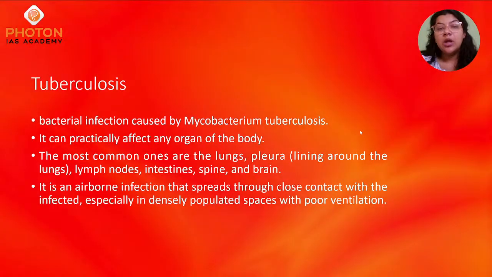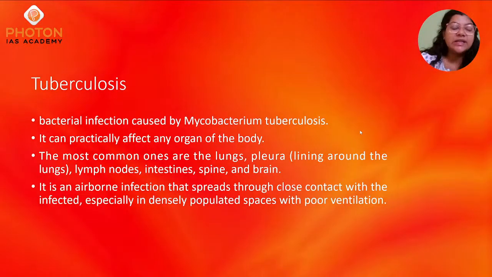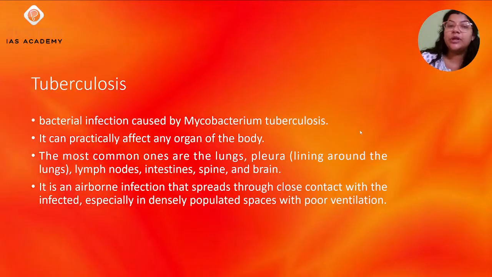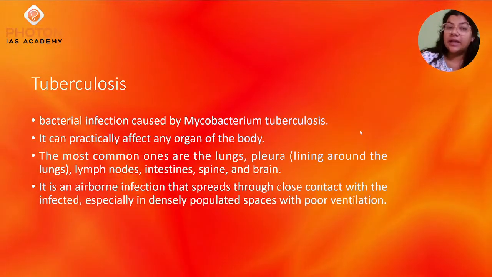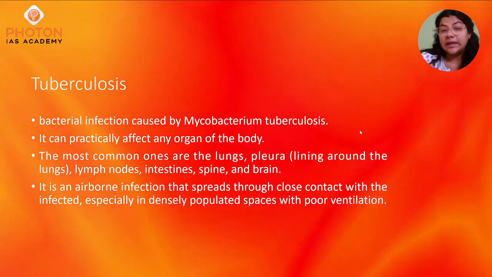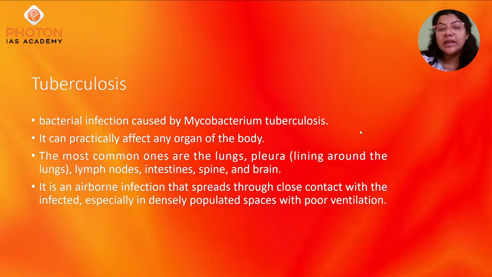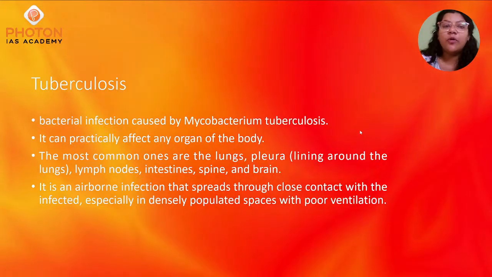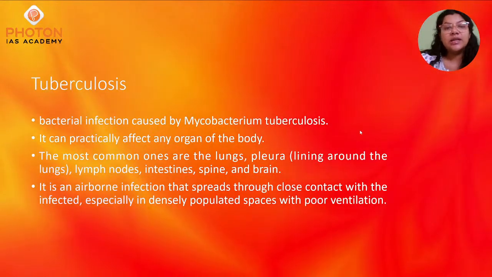Lymph nodes are part of the lymphatic system, which protects our body from diseases. It can attack the lymph nodes as well, the intestines, the spine, and the brain. So imagine the spectrum of organs this organism can attack.